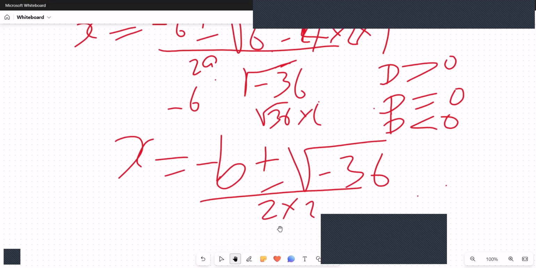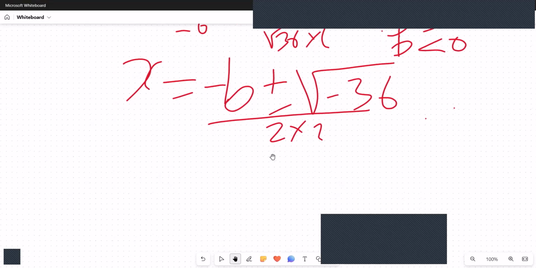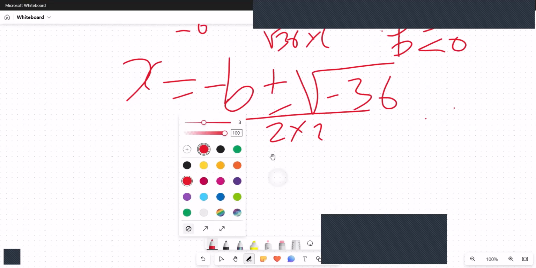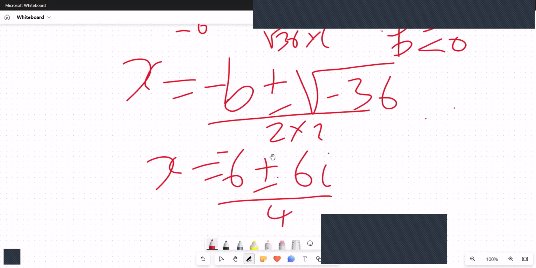So I have x equal to negative 6 plus or minus 6i all over 4.